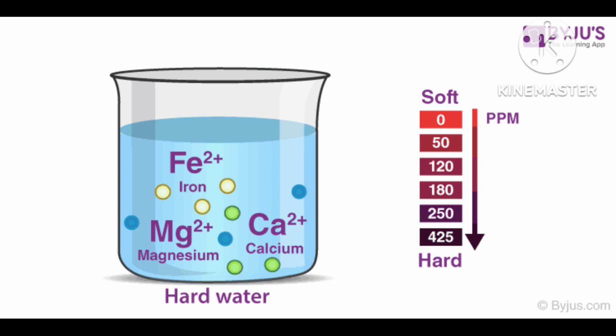2RNa plus M2 plus. Now we are removing calcium or magnesium. 2RNa plus M2 plus will form R2M, because M2 plus means we are talking about calcium or magnesium ion, Ca2 plus, magnesium 2 plus.